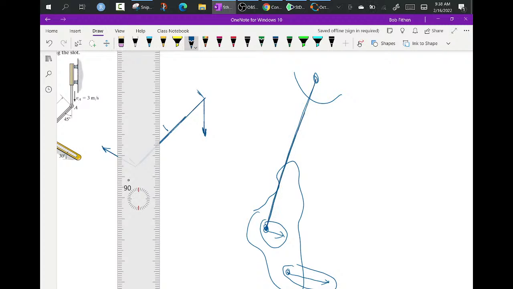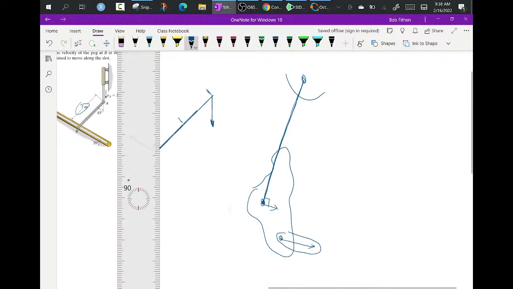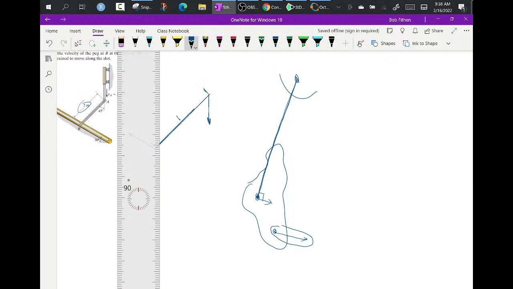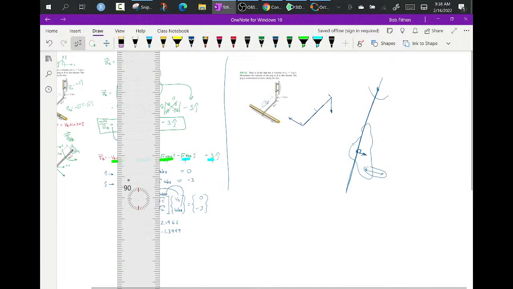What does that mean? That means this is 90 degrees. So, if an object is rotating about a point, draw a line that is 90 degrees off the direction of the velocity, and you simply draw that line.